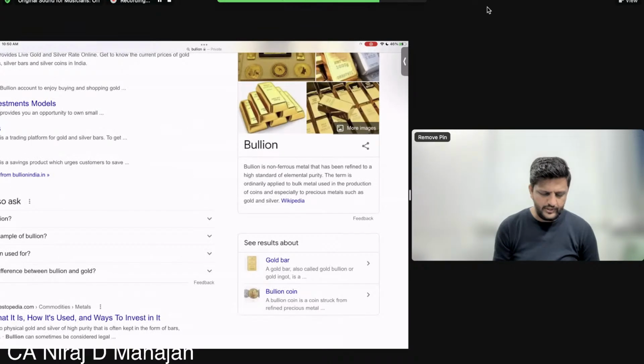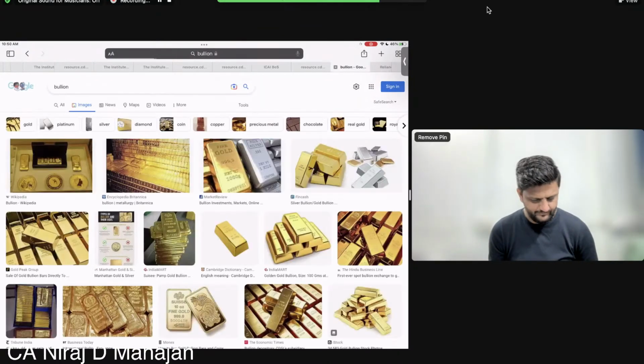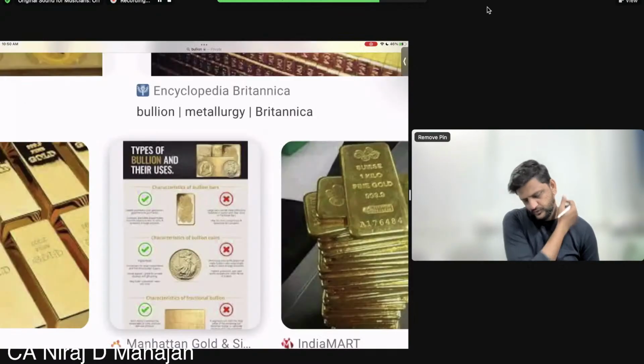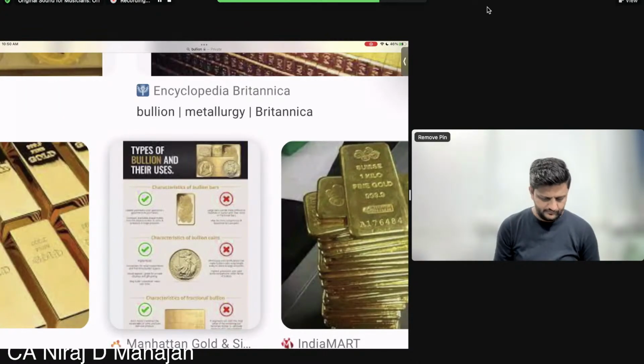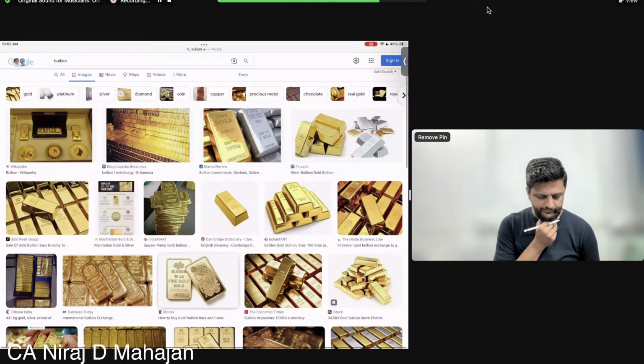Anything, precious metals like gold and silver. So, sale of bullion.